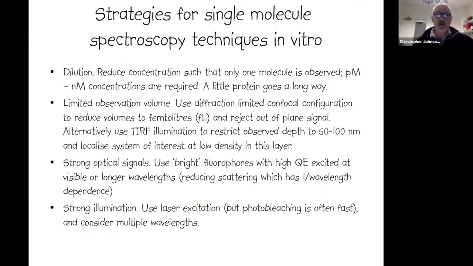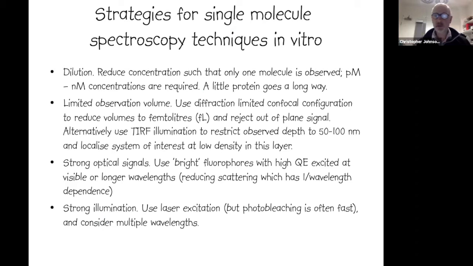So what are the strategies for making single molecule spectroscopy measurements in vitro? So these are an approach that we will have to take in order to be able to observe single molecules. The first thing, and a common feature of single molecule measurements, is to dilute the sample.